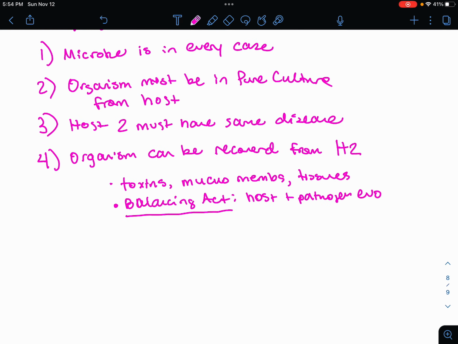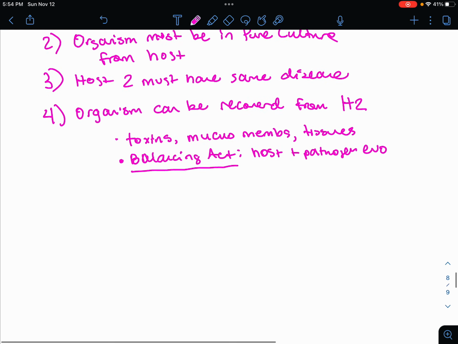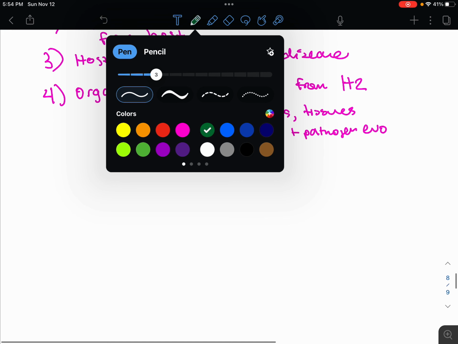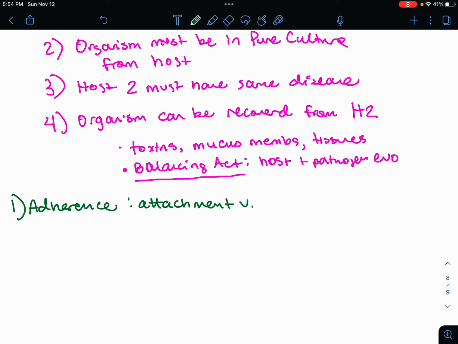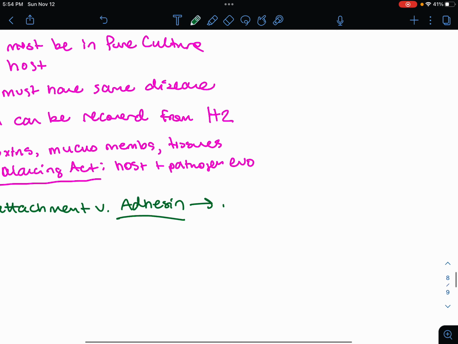Alrighty, let's talk about establishing infection. So the first step would be adherence. Again, this is attachment via adhesins. It's a protein to the receptor.